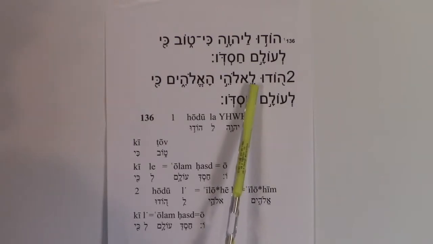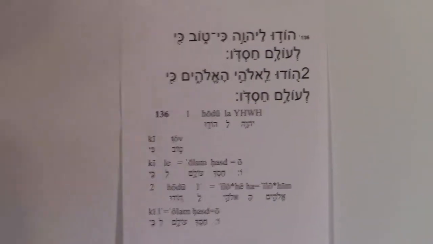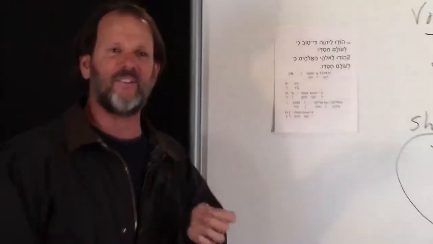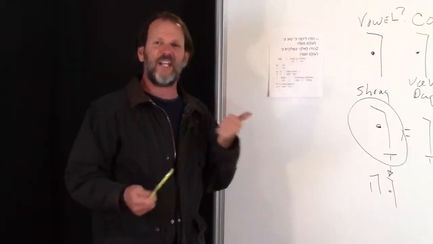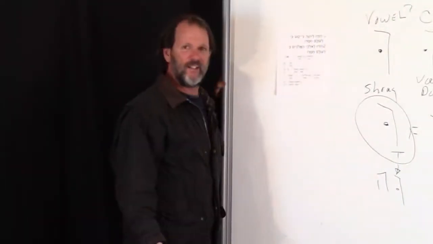sere, and it has a shorter vowel sound. And really, one of the things that I really like about you getting this down is you can always come back to those primary vowel sounds and find them here. Let's say that you forgot what the shuruk sounded like.